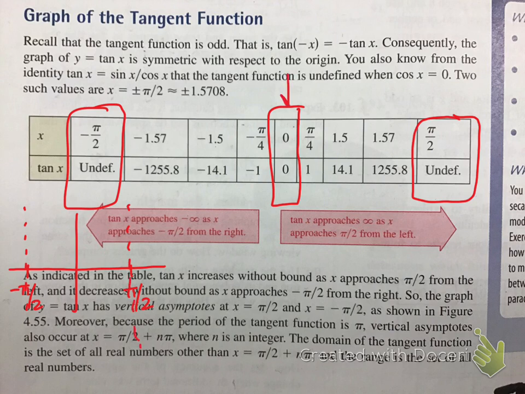And then at 0, it's 0. And then if you look here, at negative pi over 4 and at positive pi over 4, negative pi over 4 is negative 1. Positive pi over 4 is positive 1.